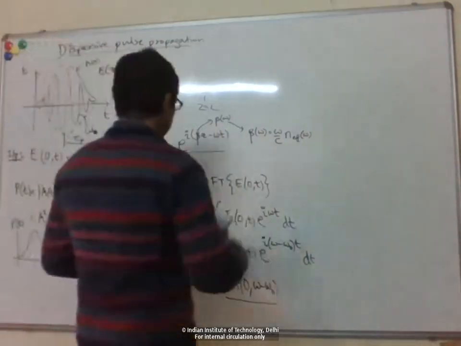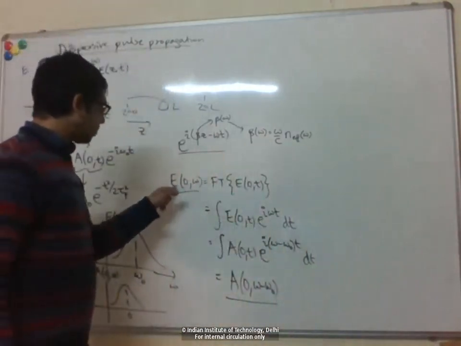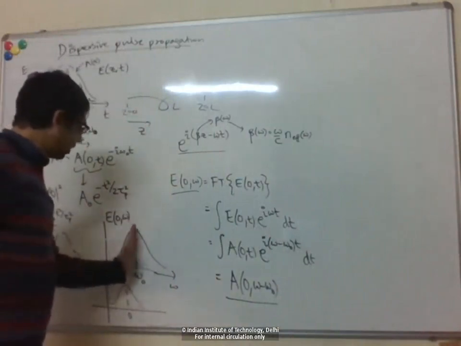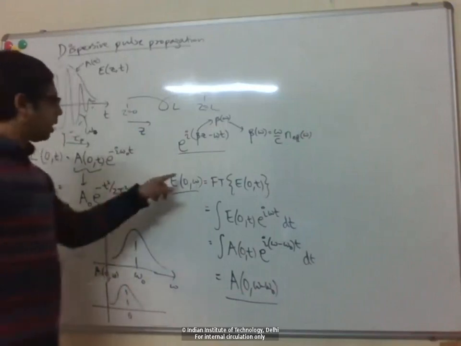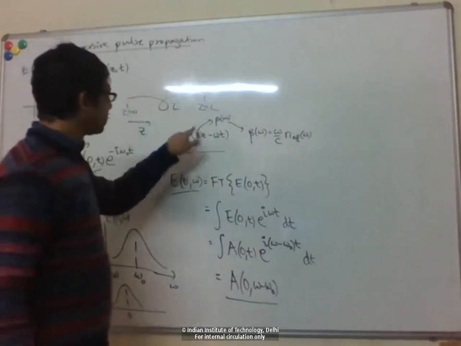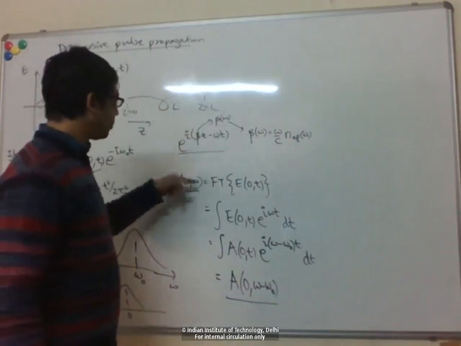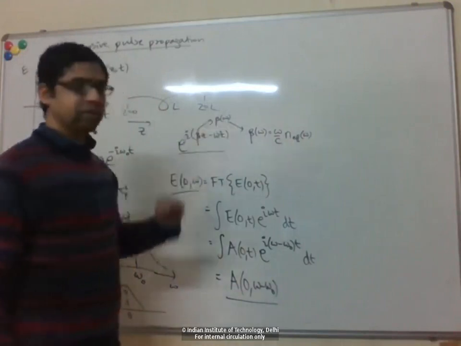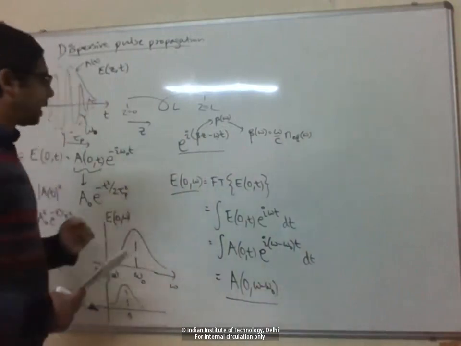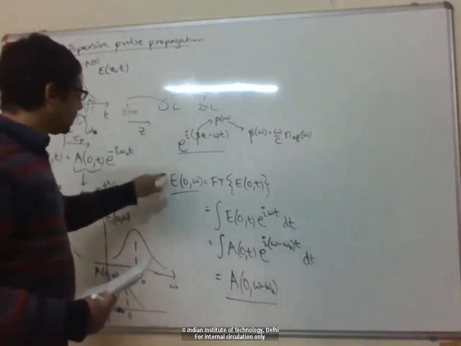So at the input I have an electric field amplitude for each different frequency here. As it propagates along the fiber, each frequency component will acquire a phase, e to the i beta z, where beta for each frequency will be the beta corresponding to that frequency. So in the spectral domain, I can easily write what the change in the spectrum would be after propagation distance z.